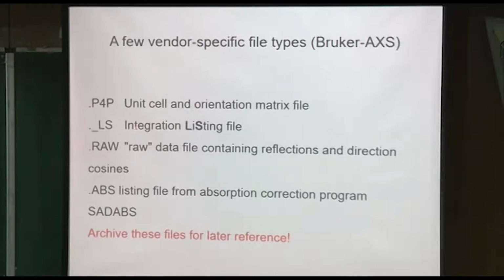And then this one, the underscore LS, is again a listing file from the integration. Each run has a different listing file, but the final one is going to be underscore 0m because it's the merged one. Or you could keep them all. I would recommend that you keep that. Those are not terribly big. These files are kind of big, so I usually also archive them somewhere else.